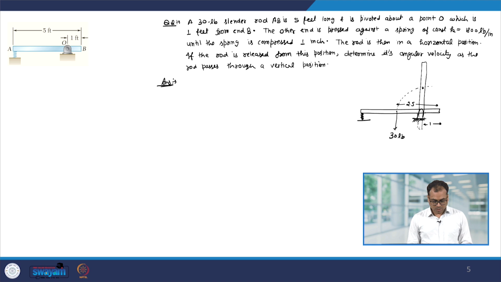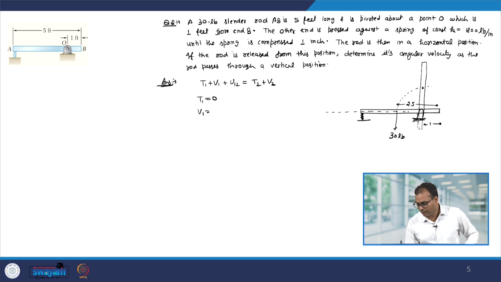Okay. So, let us use the work energy equation. We have T1 plus V1 plus U12 equal to T2 plus V2. Initially the rod was at rest. So, T1 is equal to 0. Now, let us look at V1. Let me fix our reference point over here.